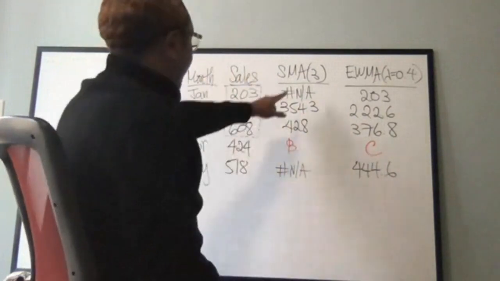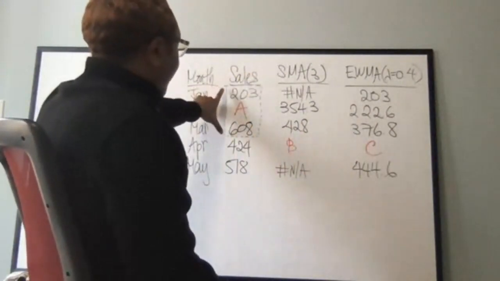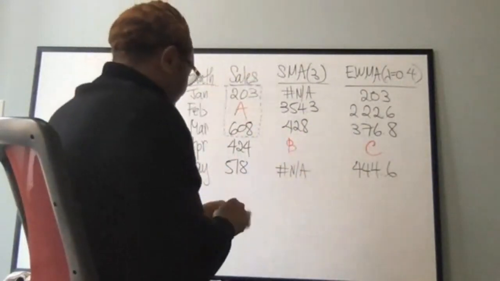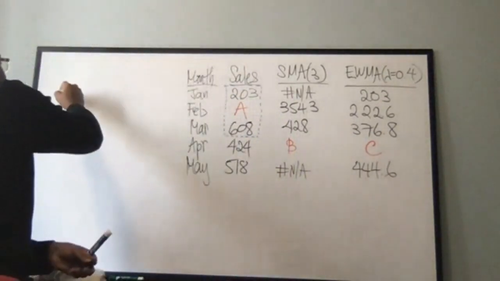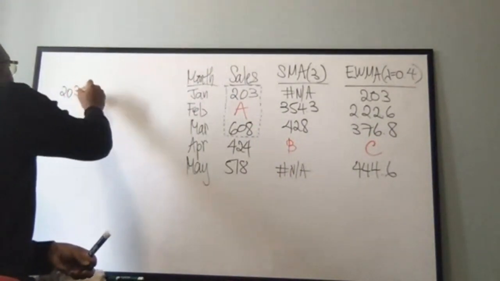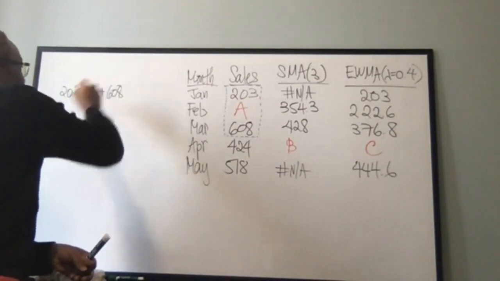This is SMA3. So these three numbers added together, see, watch this. I'm going to write this over here: 203 plus A plus 608.